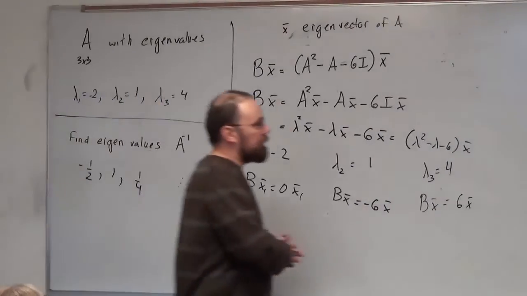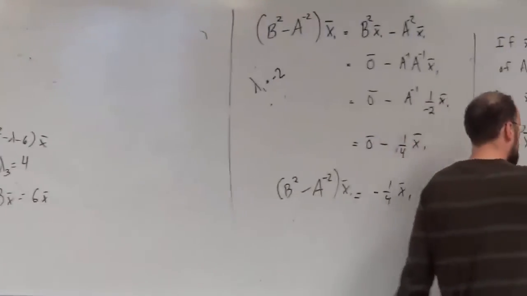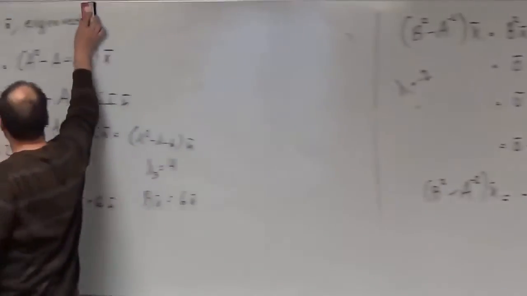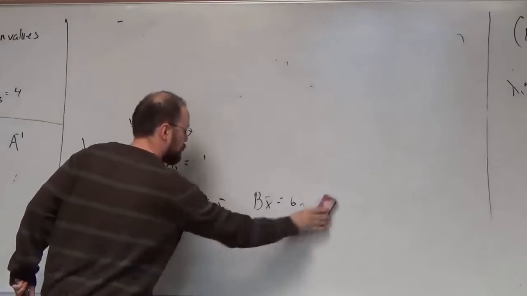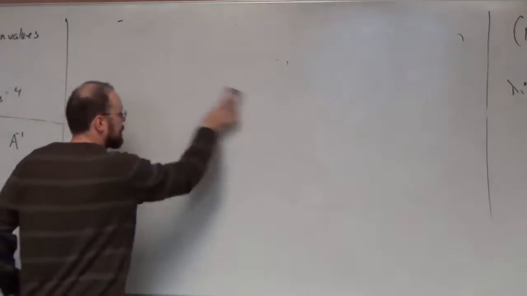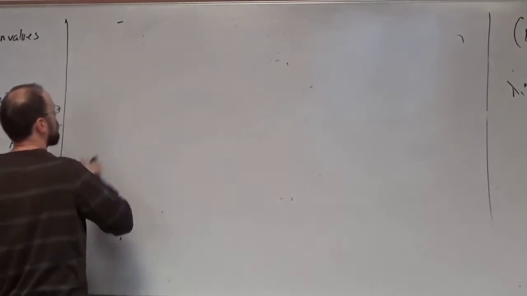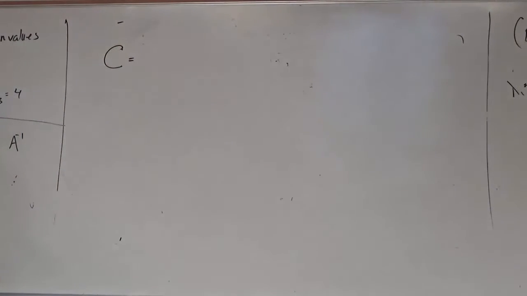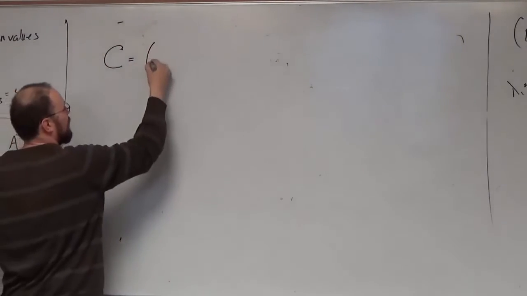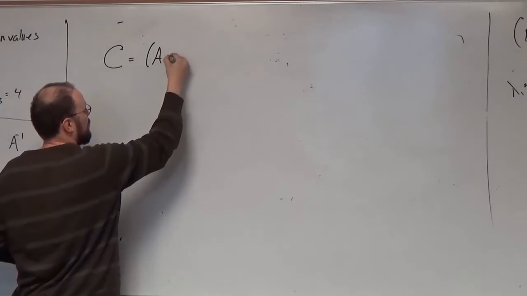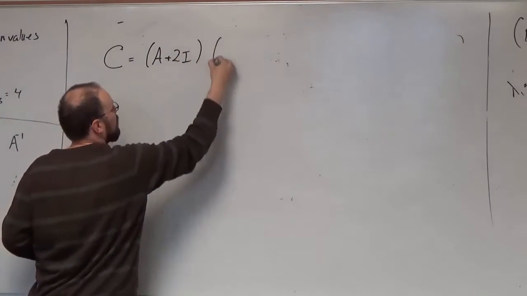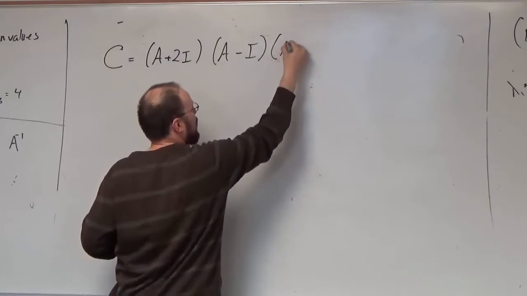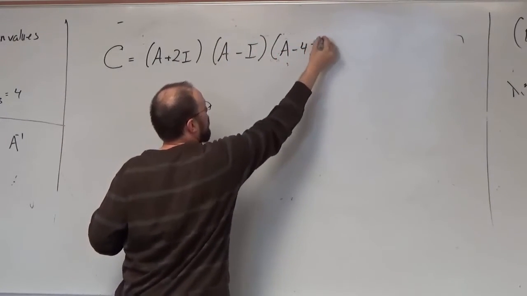And then suppose we define matrix C. And I'm going to write A plus 2I, A minus I, and A minus 4I, right?